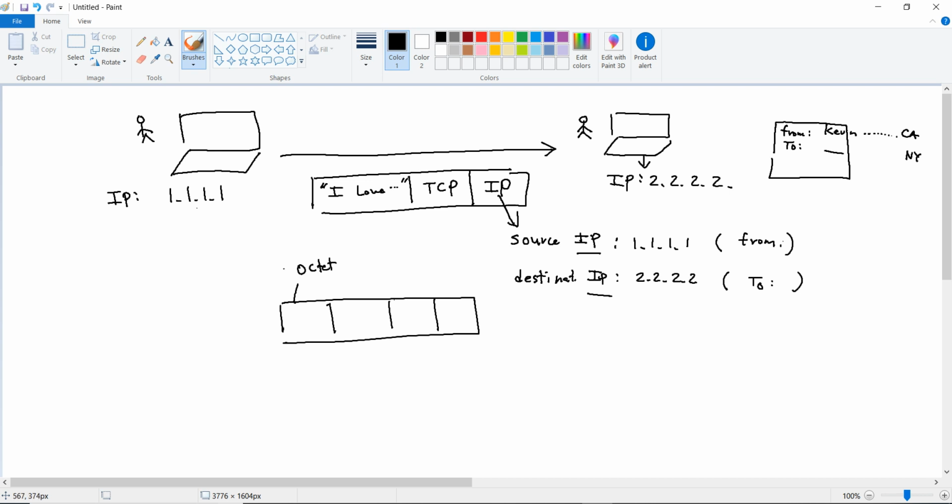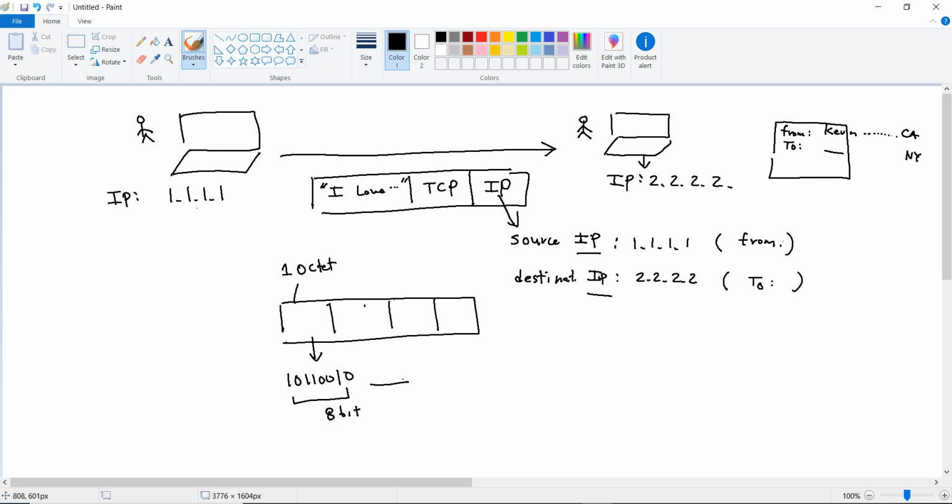This is the first octet, and this is the second, third, and fourth. Each octet is 8 bits, for example 10110011.